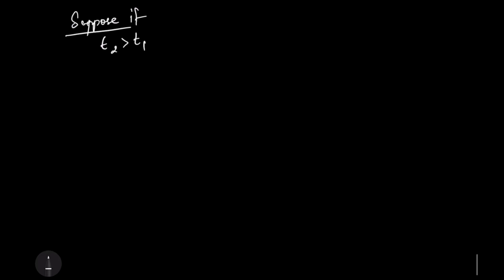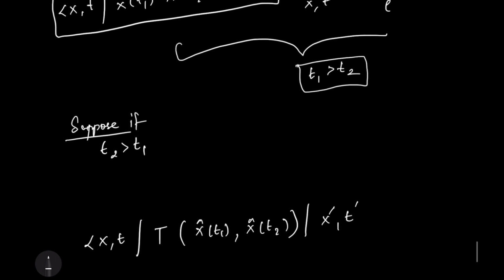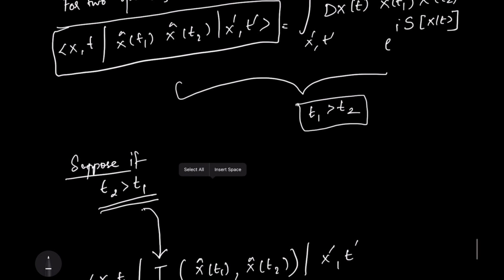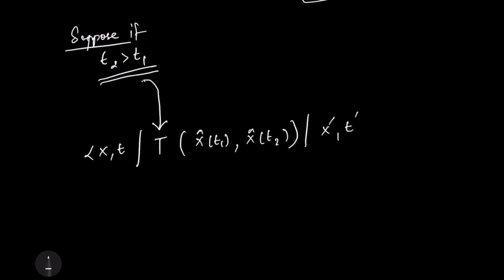I have to write a general formula, which means xt, time ordering of x of t1, x of t2, x prime t prime. If I am writing more than one operator, then I have to write the time ordering, because whether t1 is greater than t2 or t2 is greater than t1 will automatically be taken care of by the time ordering operator.